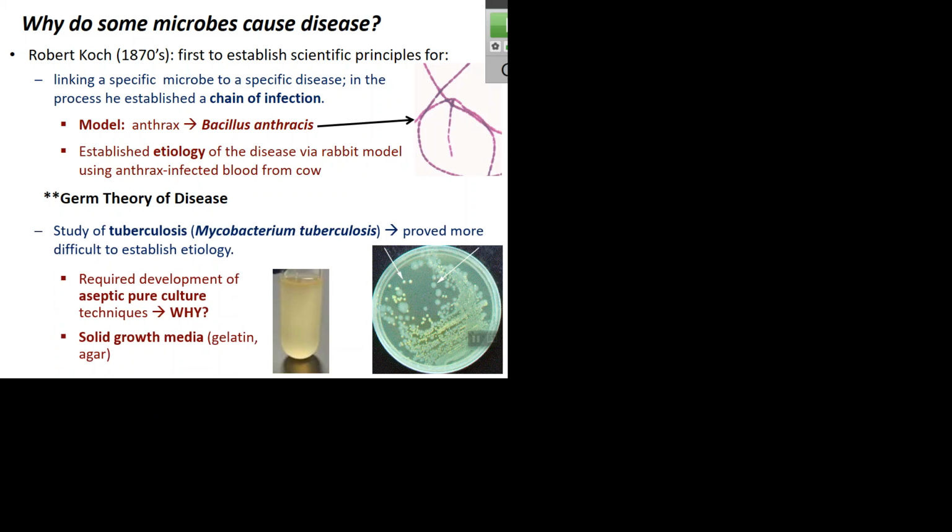But other diseases take more work, like trying to figure out the cause of tuberculosis, because now you have to isolate and culture it. And this actually was huge, figuring out these techniques, because once this was figured out, it had application across the board in all areas of microbiology.